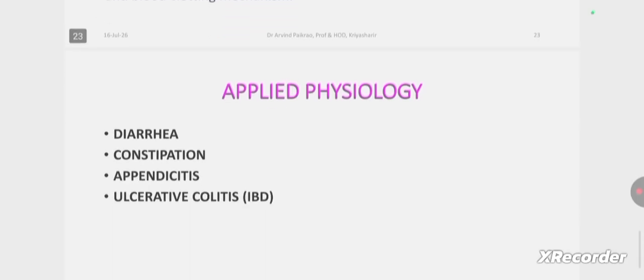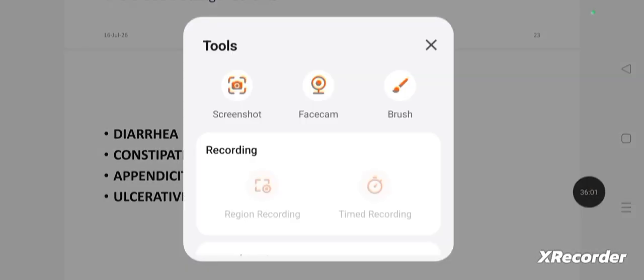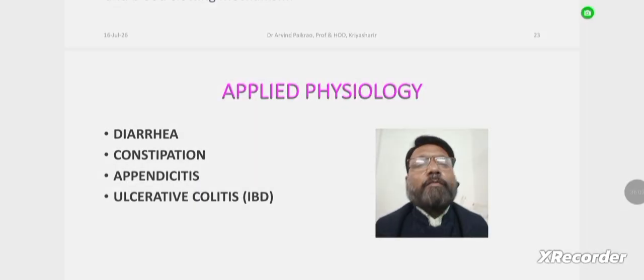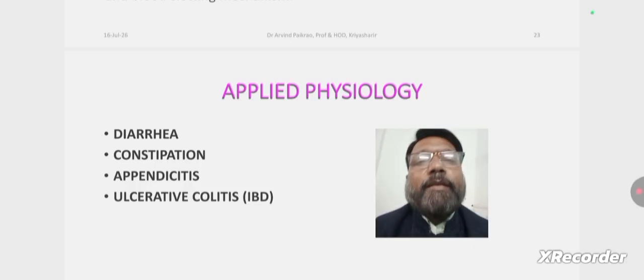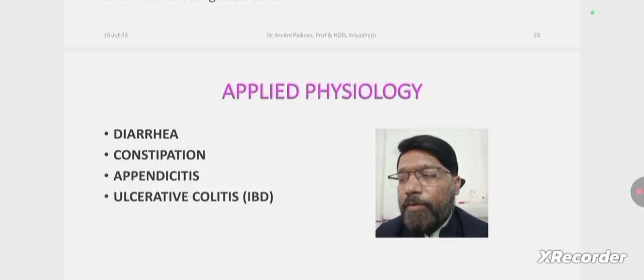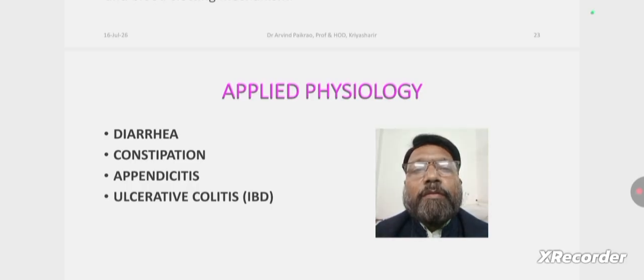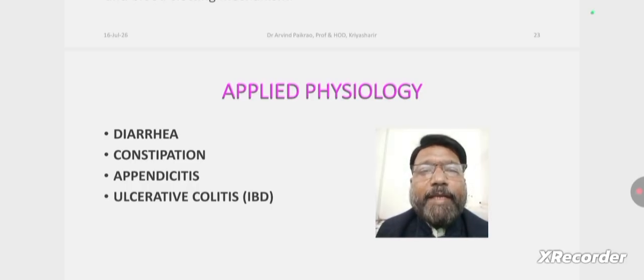Next we will see the applied physiology of the large intestine. We understand there will be diarrhea, constipation, then appendicitis, ulcerative colitis, like that.